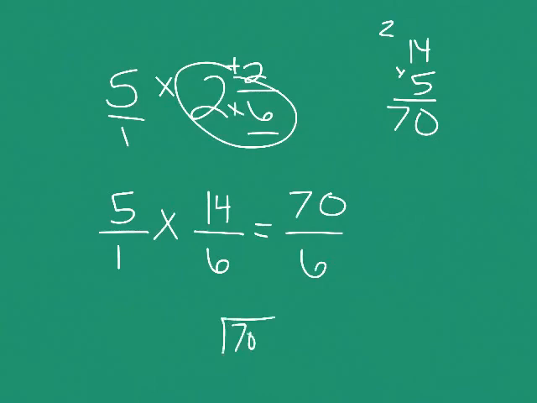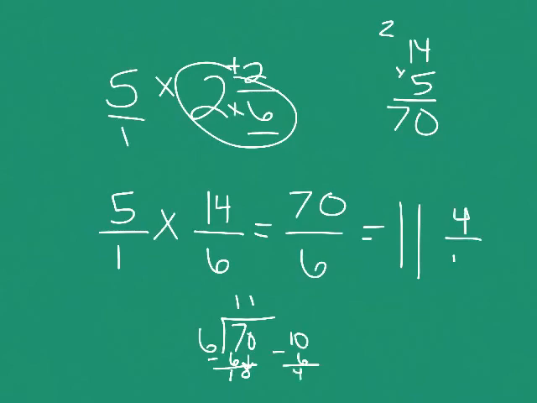Need to make this into a mixed number. 6 goes into 7 once. 6 goes into 10 once. So we have 11 wholes with 4/6 left over. And we can simplify it to be 11 and 2/3 by dividing by 2.